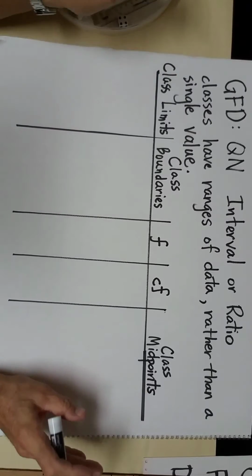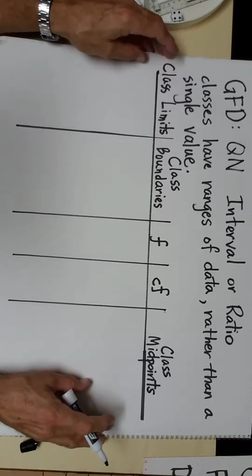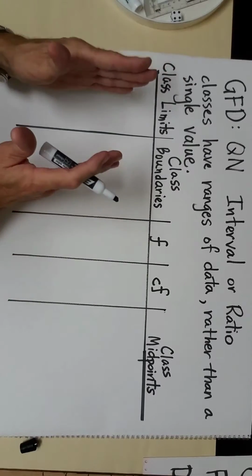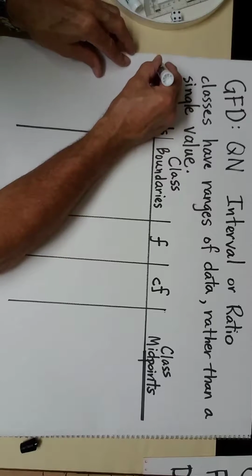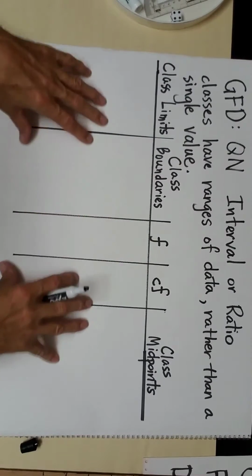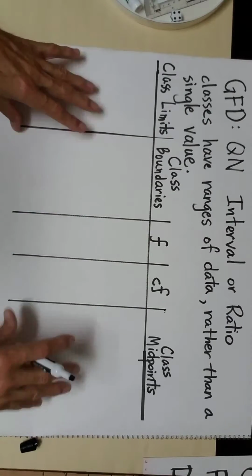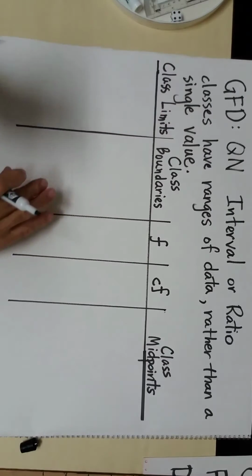When we get the table done, we're going to create and draw 3 different graphs with this information. So we need various parts of this information for each of the graphs, which I'll describe as we go along. Now, I'm not going to bother with a bunch of data right now. I'm simply going to say, here's what it will look like had we already had our data and made some decisions.